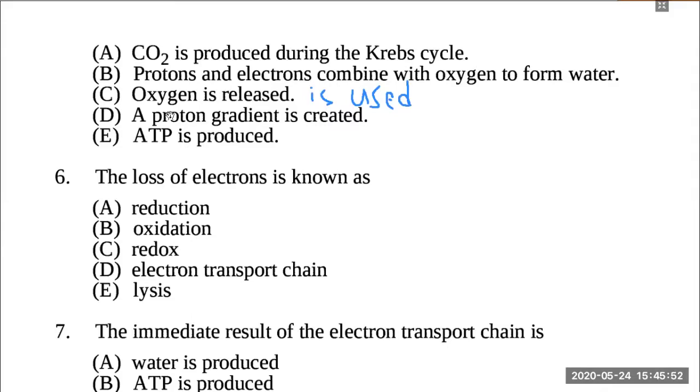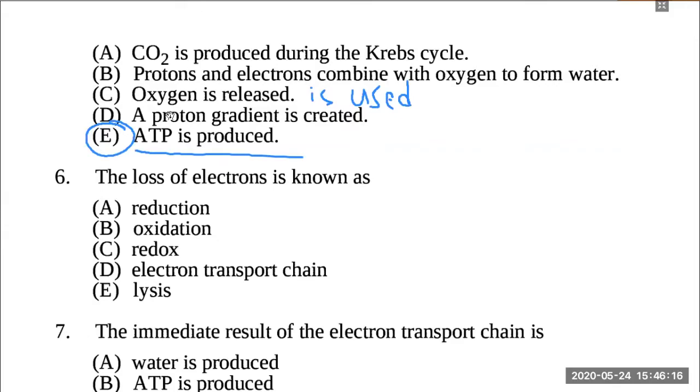Yes, a proton gradient is created, but not the aim. And the most important thing that occurs in cell respiration is producing ATP. So ATP is produced during this process. So the answer for question 5 is E.